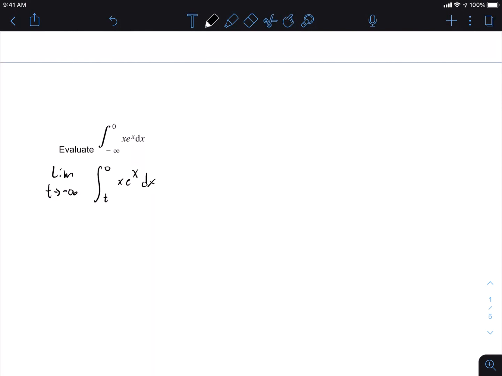Now, how do I integrate x e to the x? By parts? That's right. It's an integration by parts, the u-v integration. So my u in this case is x, and my dv is e to the x dx. So du is dx, and v is e to the x.